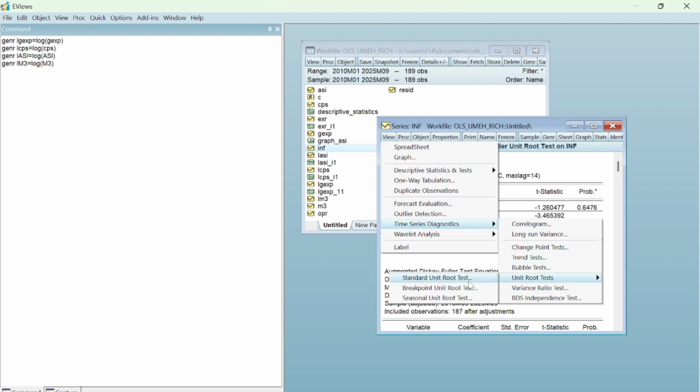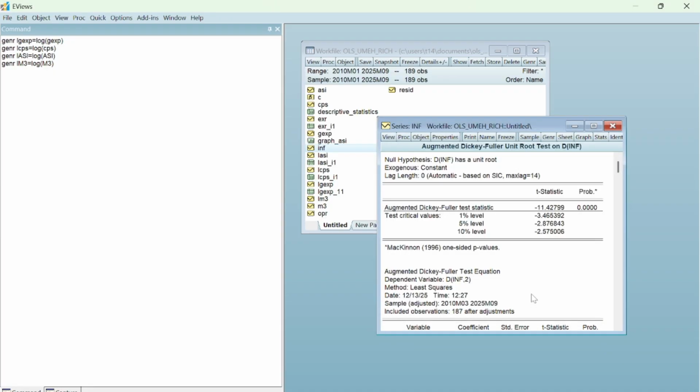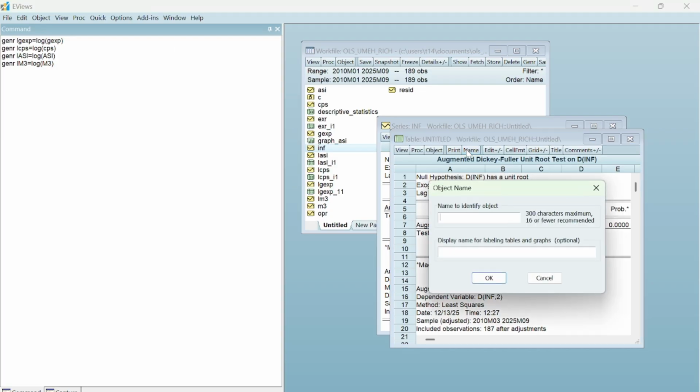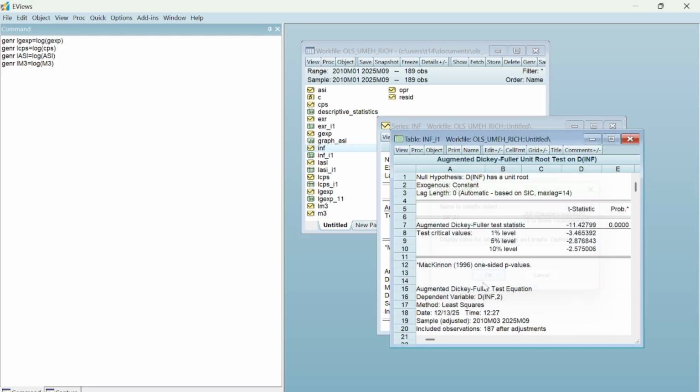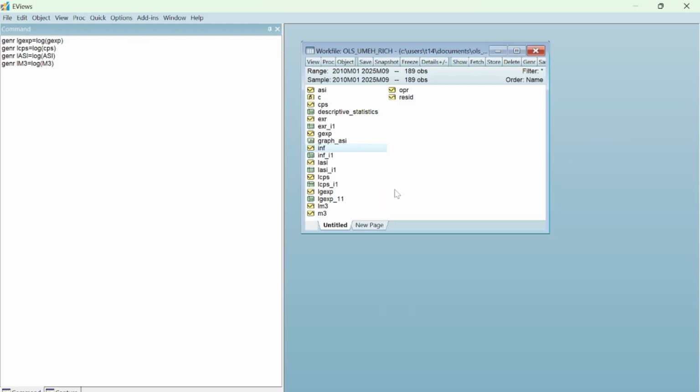So they say unit roots, standard unit roots at first difference. What you get is significant. So what you say, you actually freeze and then you name it and you say inflation I1. So that's it.